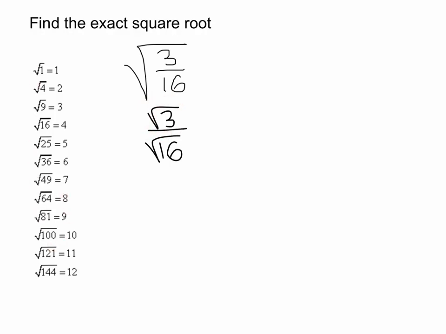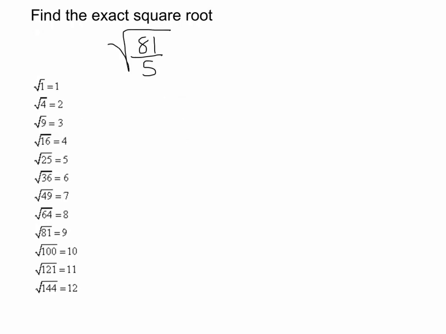Again, 3 is not a perfect square, so I'm just going to leave it as the square root of 3 in the numerator. The denominator, my square root of 16, is one of my perfect squares. So that's going to give me positive and negative 4 in the denominator. So the square root of 3 over 16 simplifies to positive and negative square root of 3 over 4.